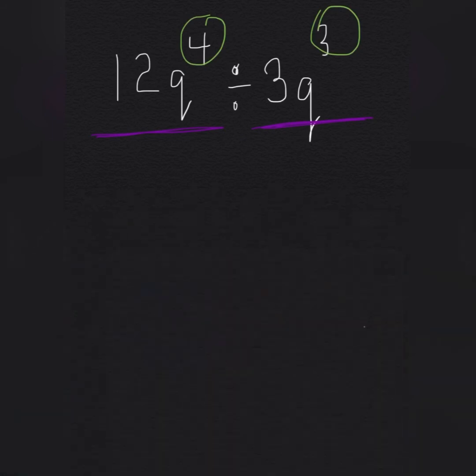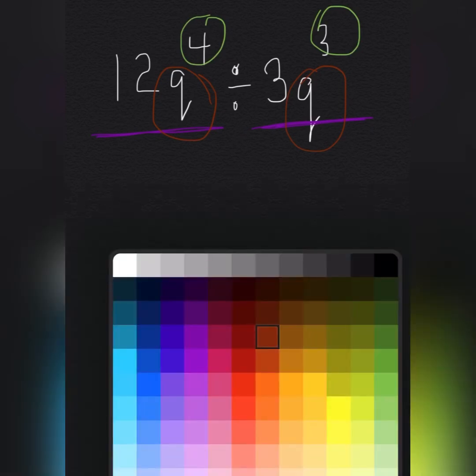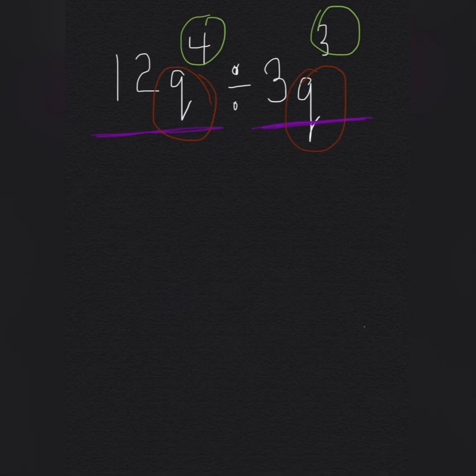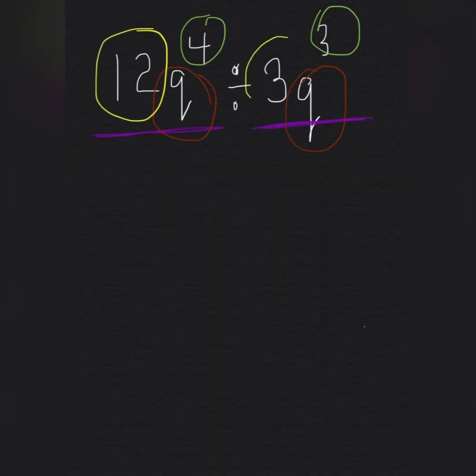Now, we have what is called variables, and in front of variables are coefficients. And remember, we visited an example like that previously. So Q here and Q here represent our variables, and the variables are considered our bases. And our coefficients would be the number in front of our variables, which is 12 here and 3 here.